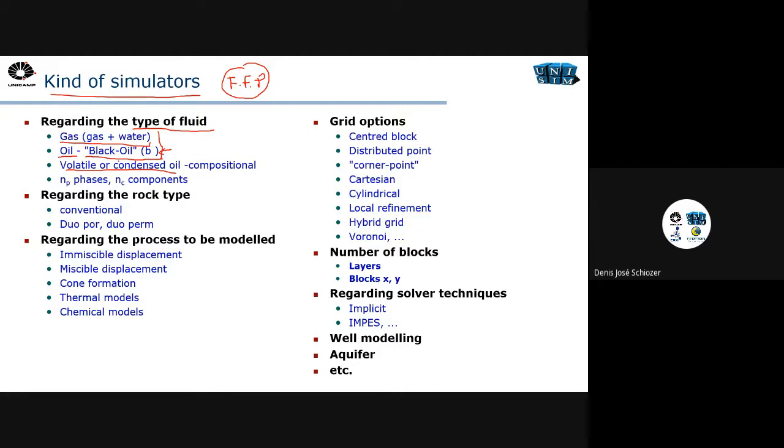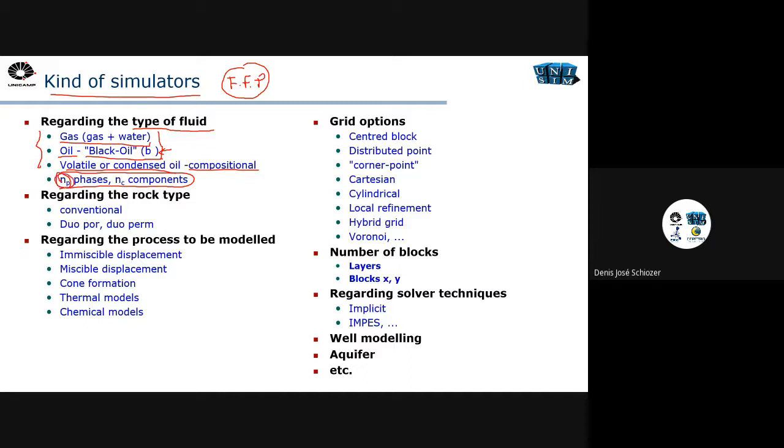Okay. So independent of whether it is a two-phase gas-water, oil-water, three-phase black oil model, as we're going to see, or a compositional model of several components and so on, we're going to write the equations in the simulation models using NP phases.